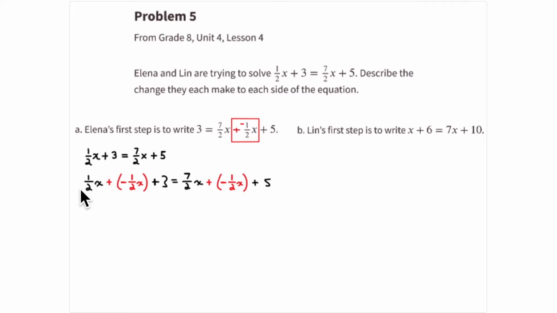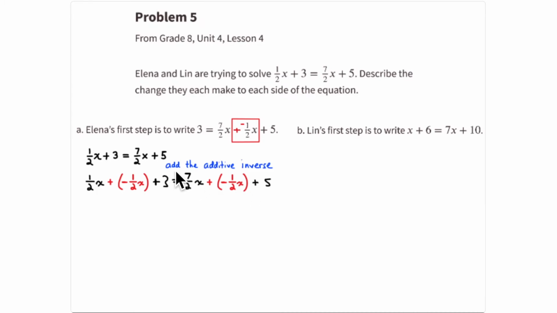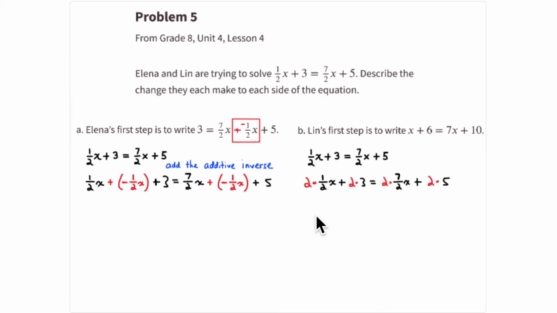That gets rid of this 1/2 x and makes it 0. You're left with 3, and now you have 7/2 x plus a negative 1/2 x plus 5. So she added the additive inverse or subtracted 1/2 x. They are the same thing. I just always like to use addition. I just think it's easier.